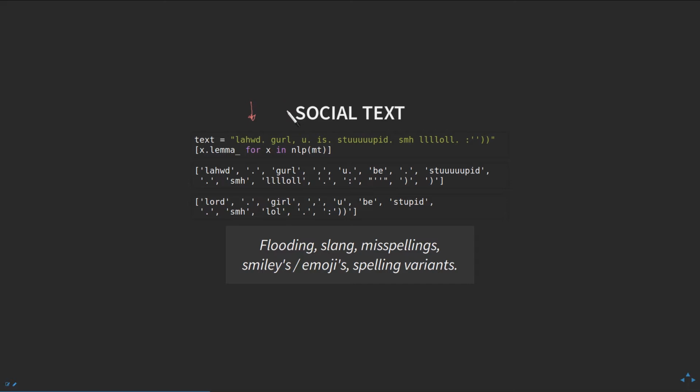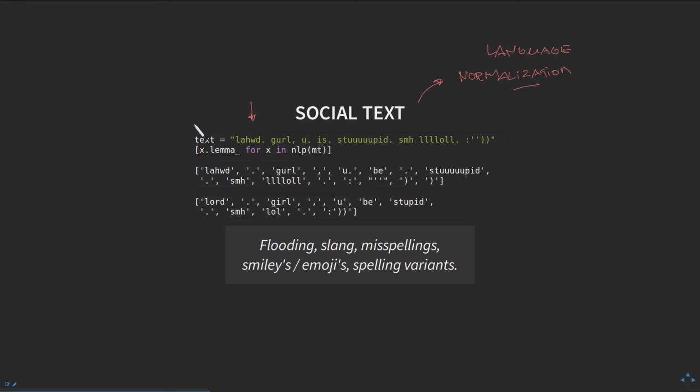We have smileys, emojis to deal with, and all these things introduce a very hefty set of pre-processing material. So it's therefore no surprise that this is a research field by itself, which is often referred to as normalization. So language normalization.